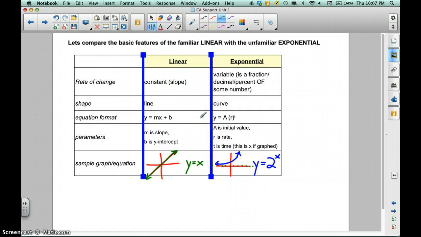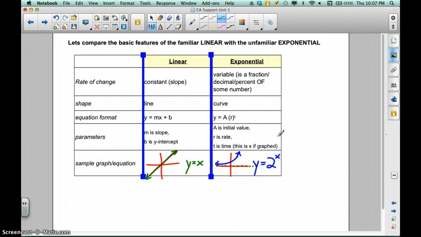You're all familiar with the equation format y equals mx plus b for a linear equation. Well, for an exponential equation, the basic format is y equals capital A, and then in parentheses we have an r to the power of t. Now in the next row here, I give you what's called parameters.